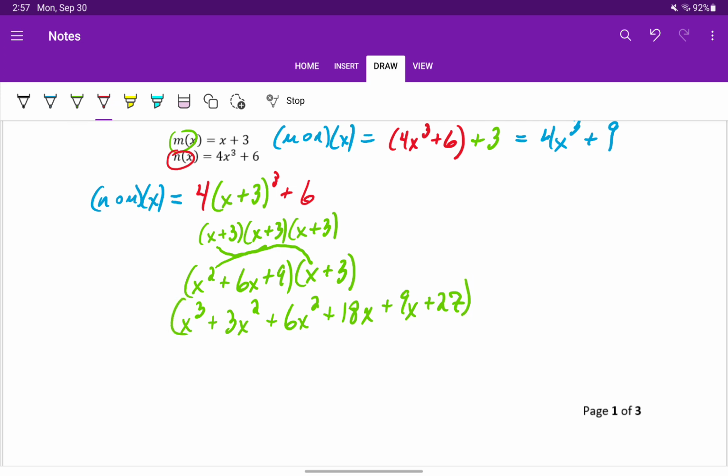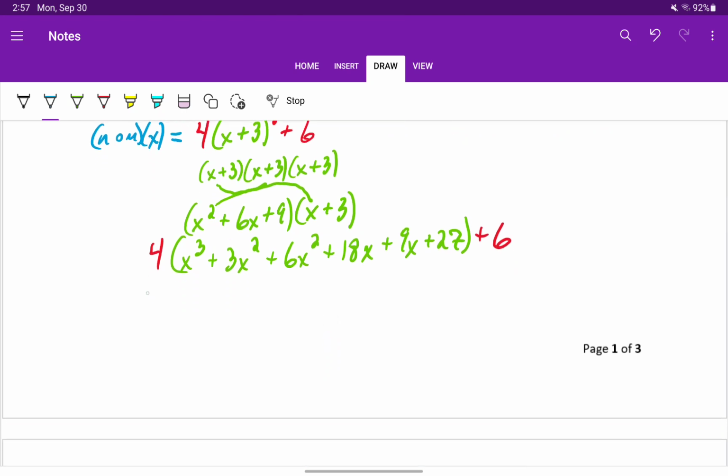Now we'll bring down the pieces that we left behind. This whole expression was getting multiplied by 4, and we were adding 6 to it. As we distribute through the 4, we'll get 4x cubed plus 36x squared plus 108x plus 108 plus 6.